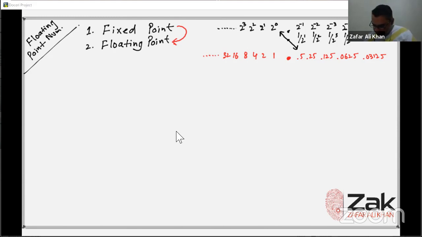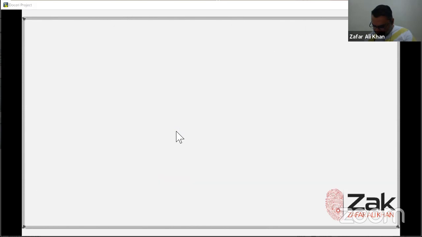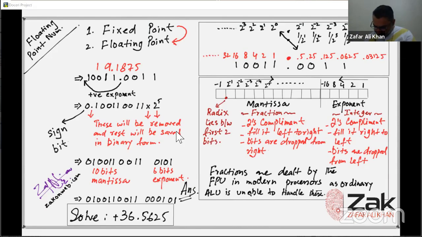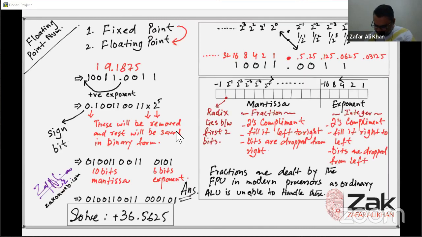In the binary form, we use base 2, whereas in our denary form, we use base 10.